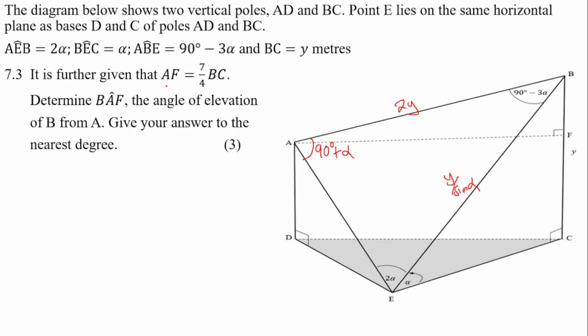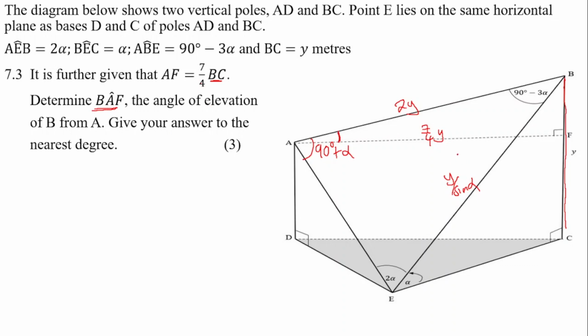It is further given that AF is equal to 7 over 4 BC. We say that BC is equal to y, so AF is like 7 over 4y. Determine angle BAF. We want to find this angle here.